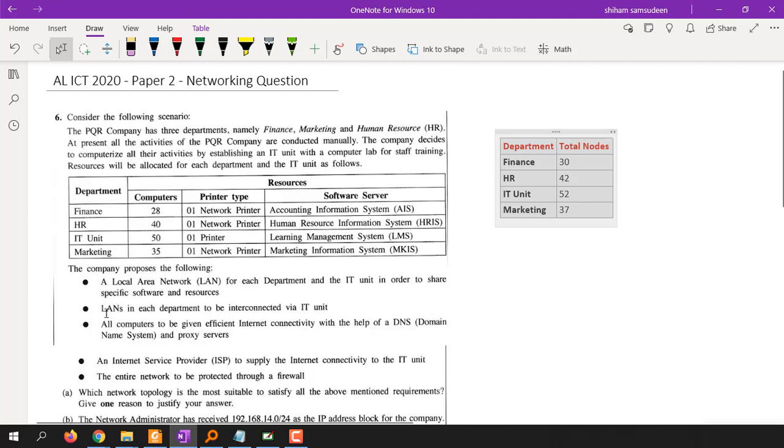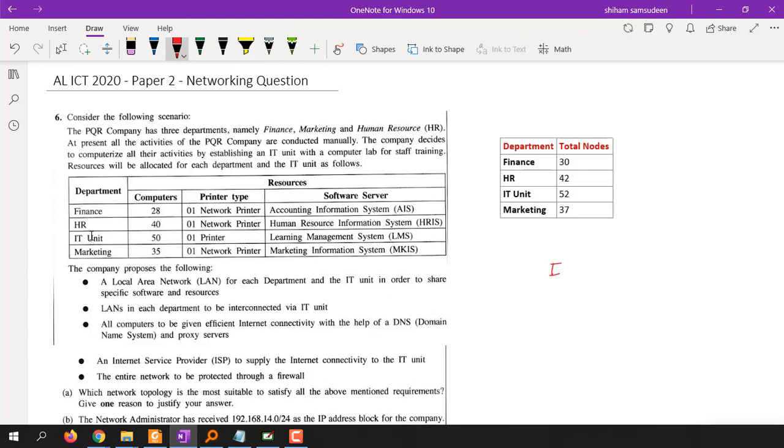So let's see, the second point is LANs in each department to be interconnected via IT unit. So we have the IT unit here, and all of the 3 departments will be connected to the IT unit. So in a logical sense, it would be something like this.